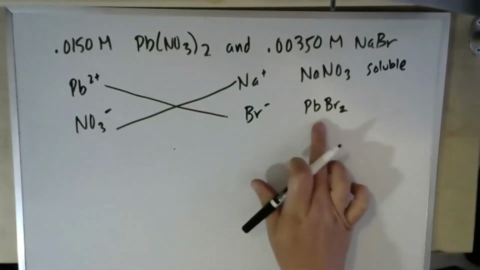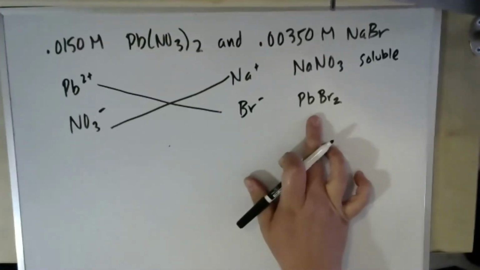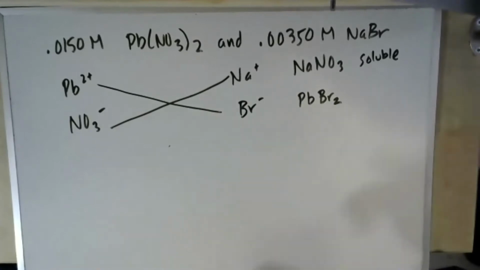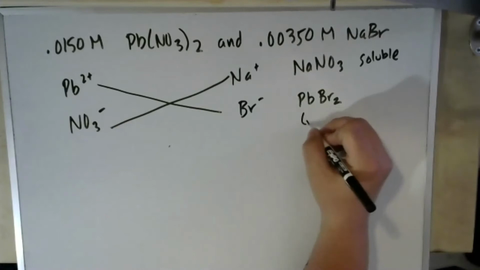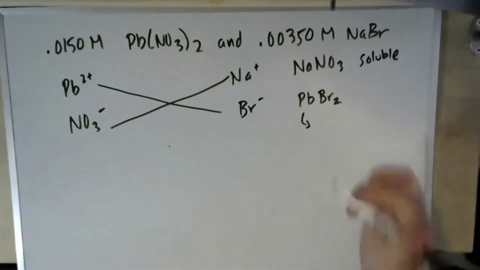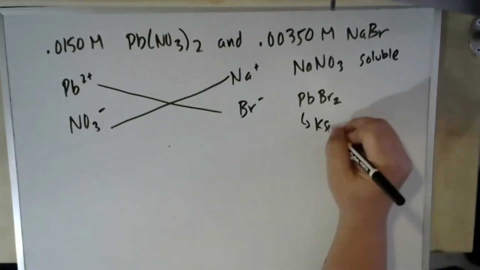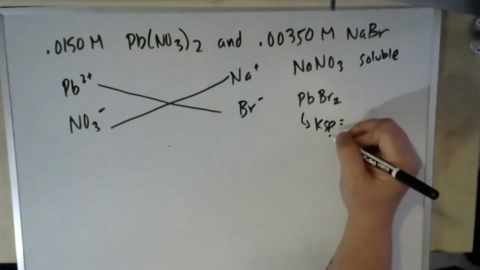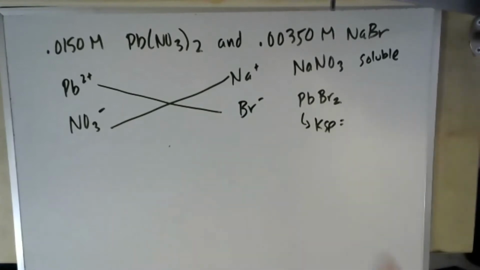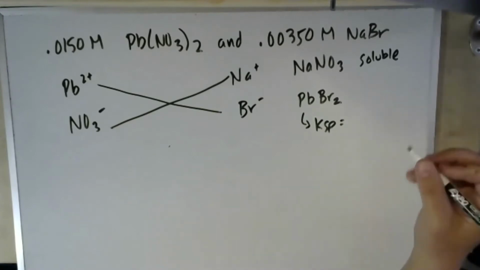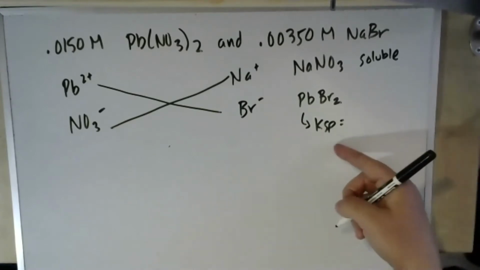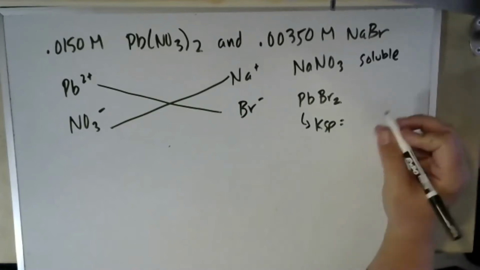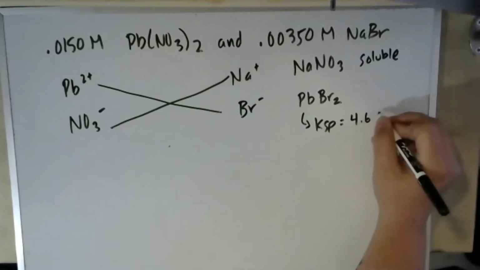Okay, this can form, this is a solid, and this solid is going to have a corresponding KSP, which would technically be a value given to you. You're not going to have this memorized. But if you look up this KSP value in the table that you have in 18.2, I think it is, that KSP is 4.67 times 10 to the negative 6.